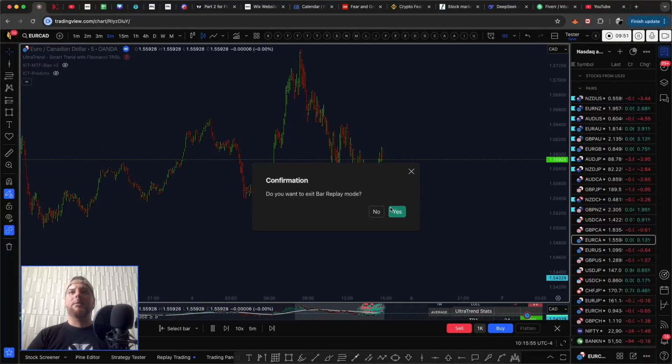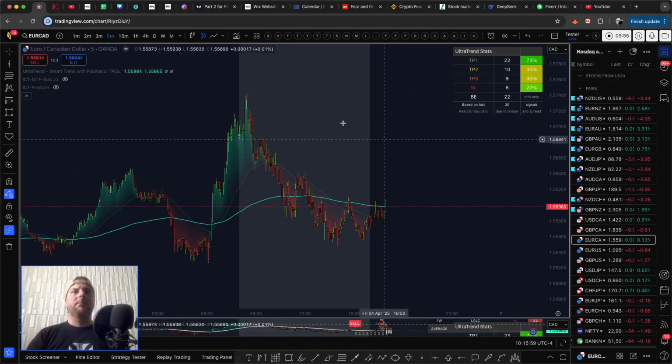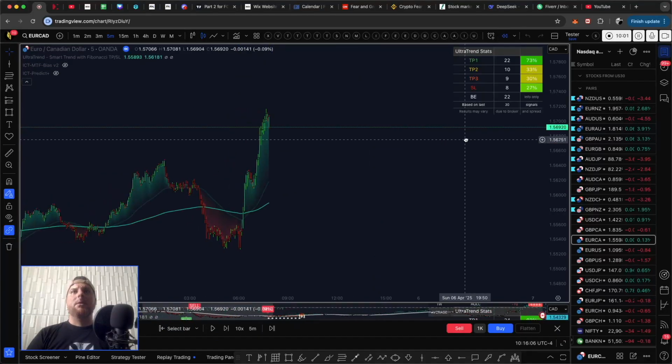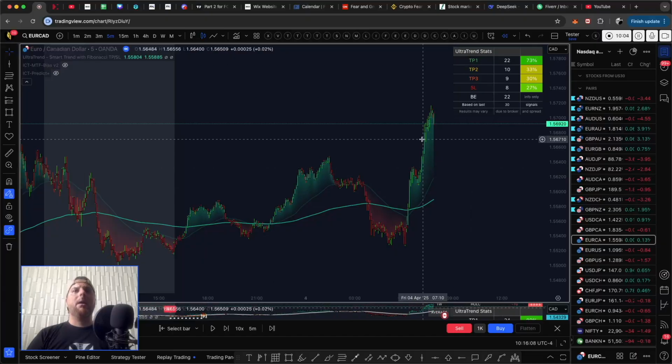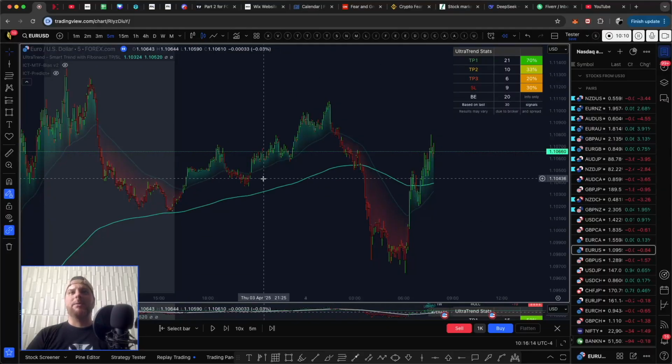Let's see if any signals were given that day as well. Hang on, let me just stop this. There we go. So right there, you see, no entries, no signals, nothing. So even though this is a pair, I would set alerts. Nothing happened, right? But I would be cautious right there because it's sideways. I don't like this either.